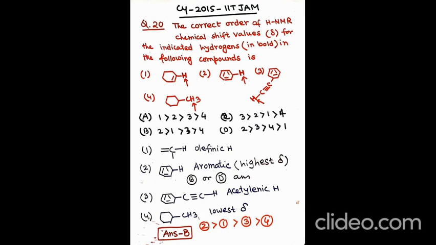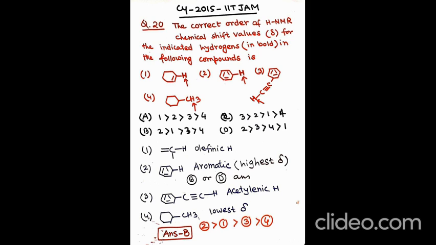Now coming to the year 2015, question number 20, conceptually this problem is very similar to the 2016 problem. Here also they have given 4 compounds and we have to arrange them in the correct order with respect to their delta values. Now let us concentrate on the 4 compounds given.